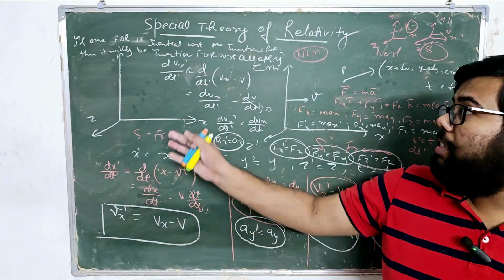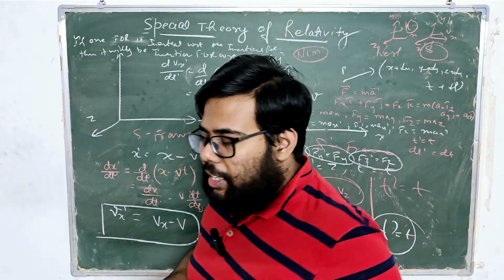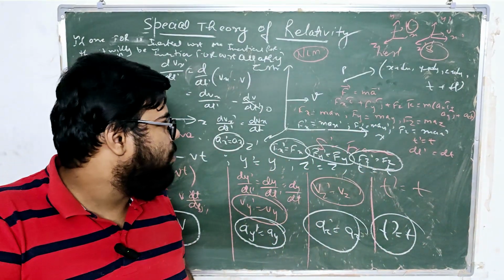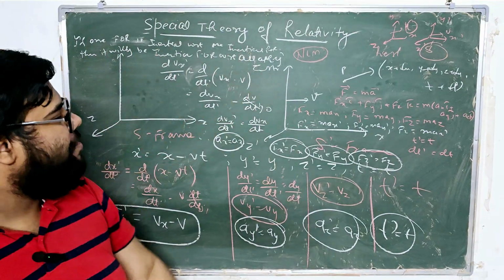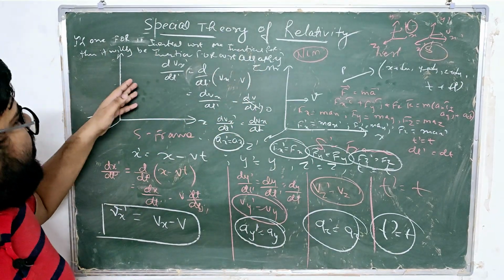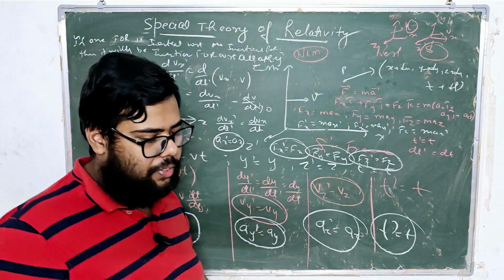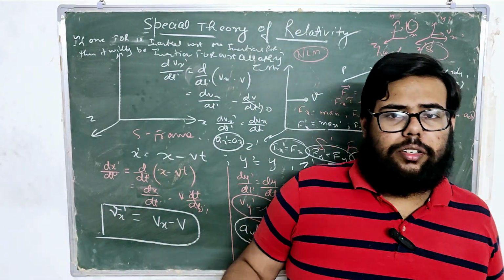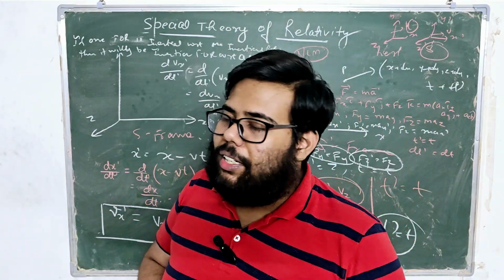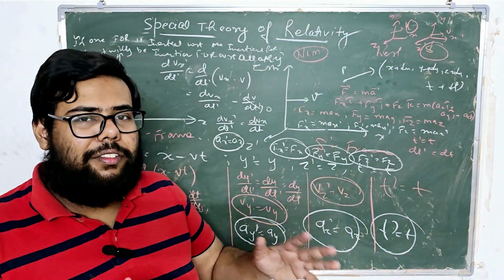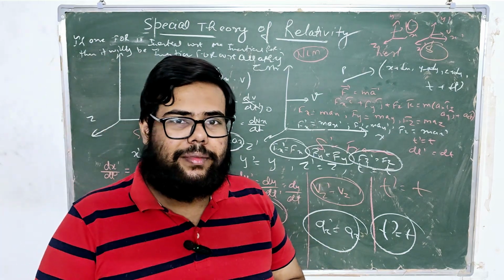And that is the most crazy idea, that if there is a frame of reference which is inertial with respect to one inertial frame of reference, then it will be inertial with respect to all other inertial frames of reference. And this is actually another way of saying that the laws of physics will be the same for all inertial frames of reference.